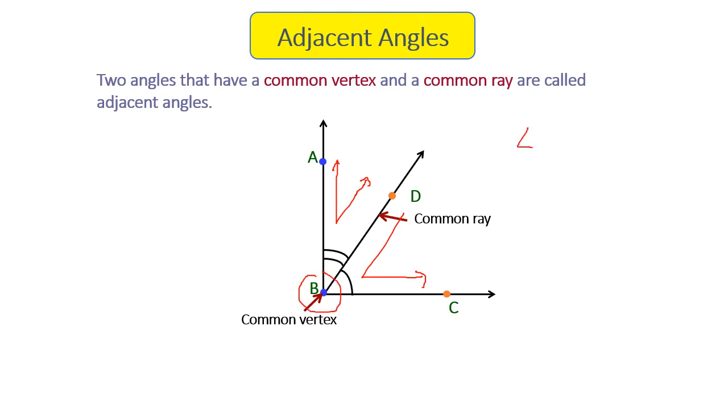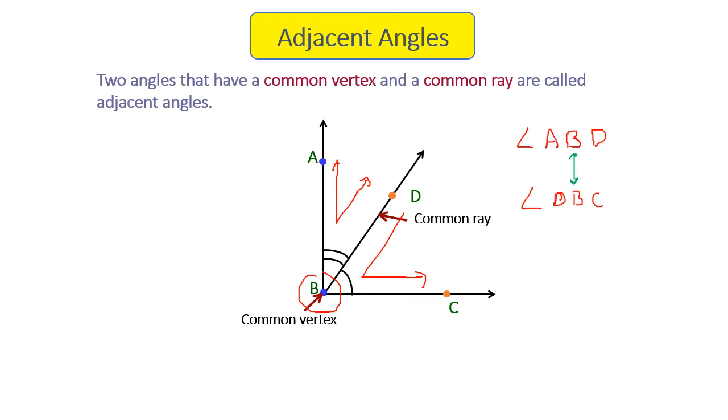See, I'm calling their names: angle ABD and angle DBC. If you carefully observe, the middle alphabet is the same, meaning the vertex is common for both angles, right?